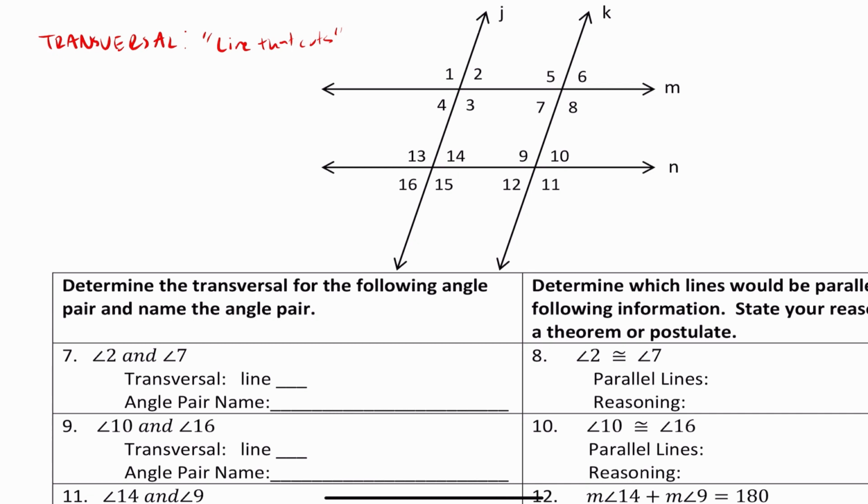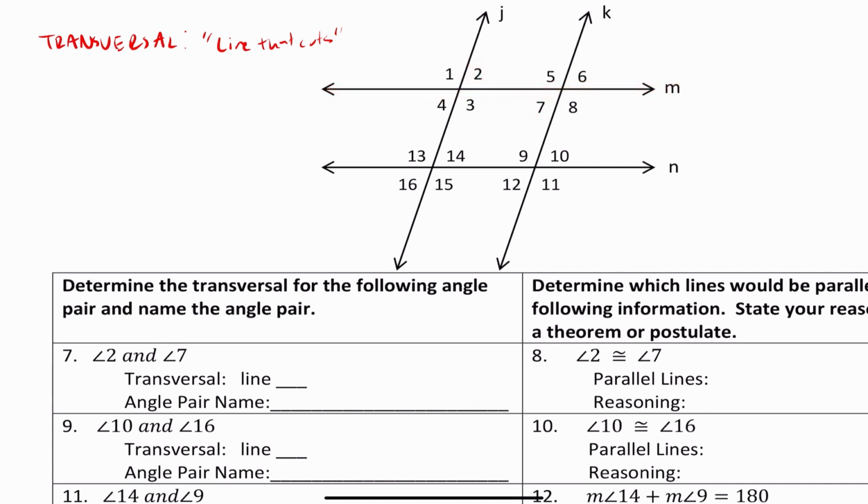So, yeah, let's go ahead and take a look at number 7, angles 2 and 7. So we can see 2 is right here, 7 is right there. 2 shares this line, and 7 shares this line here. But notice that 2 and 7, they both share this line.